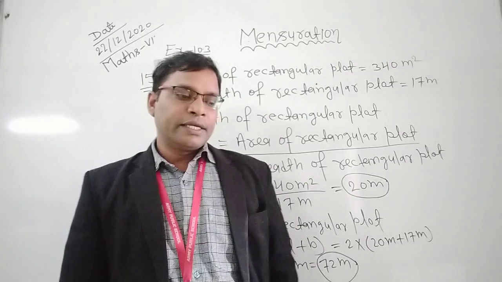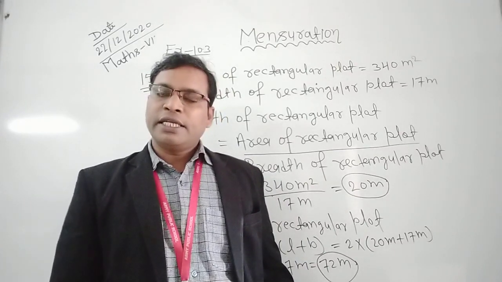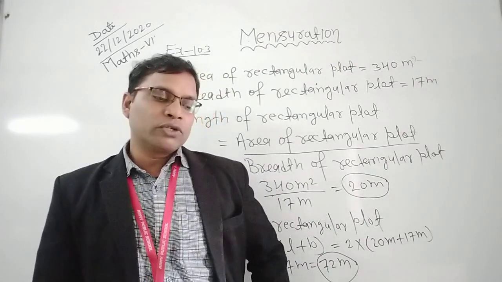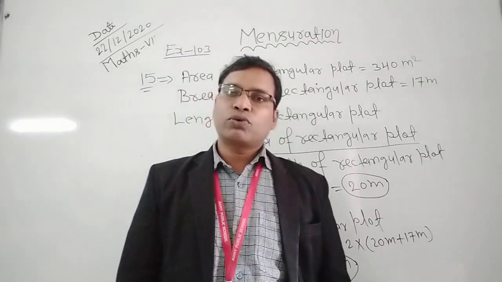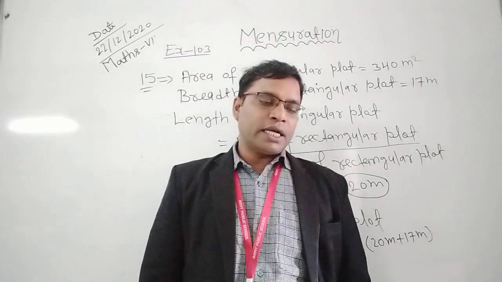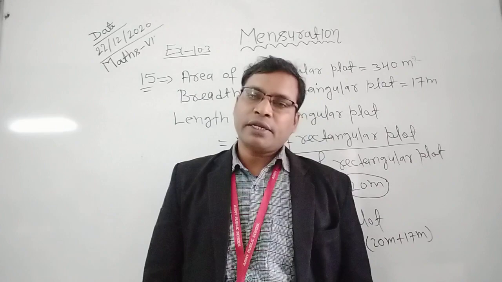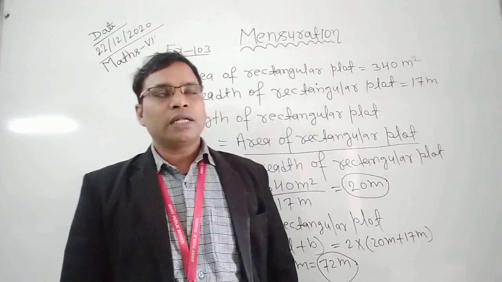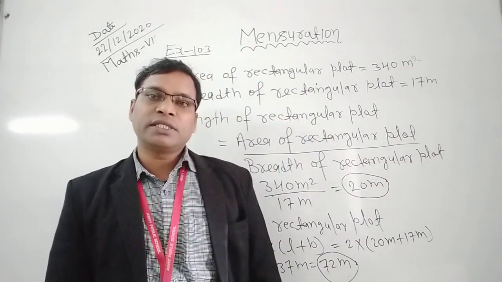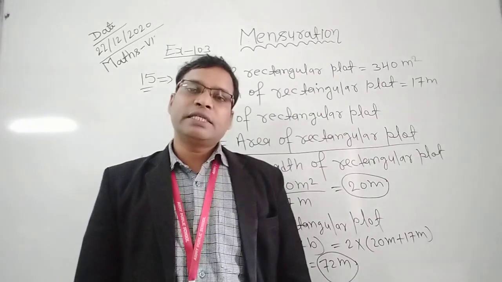The area of the rectangular plot is given, 144 meters square, and the length is also given, 16 meters. We need to find its breadth. Also you find the cost of fencing, and the rate is given here.